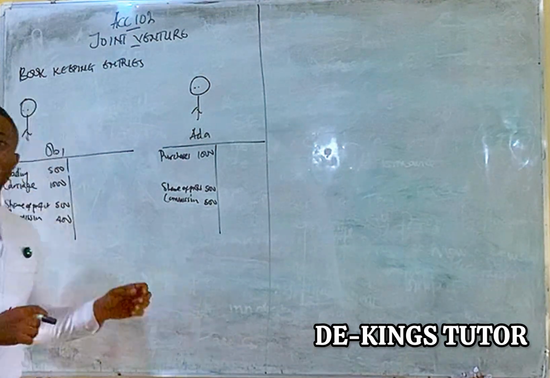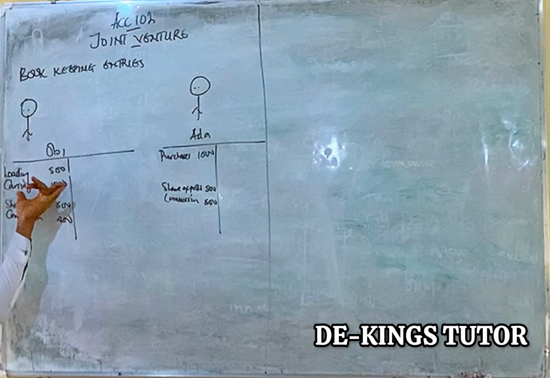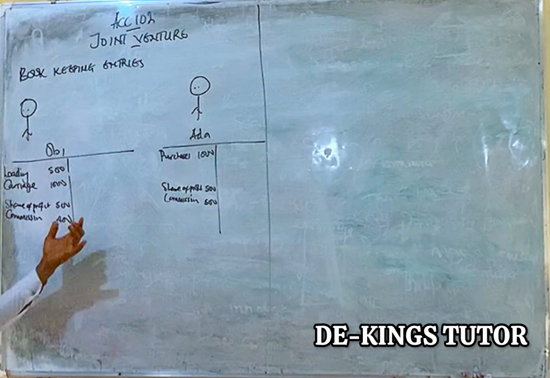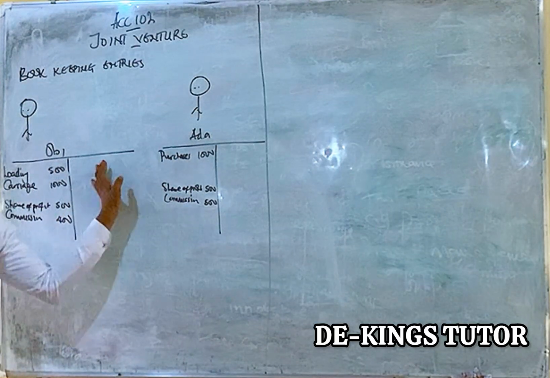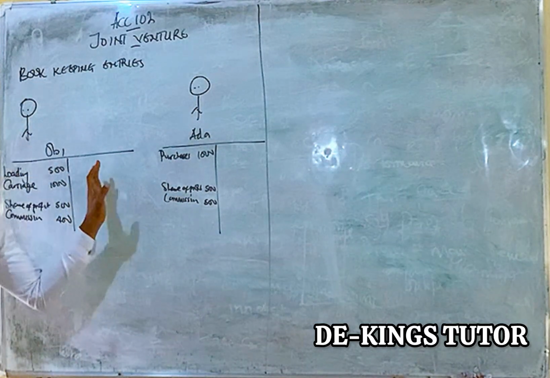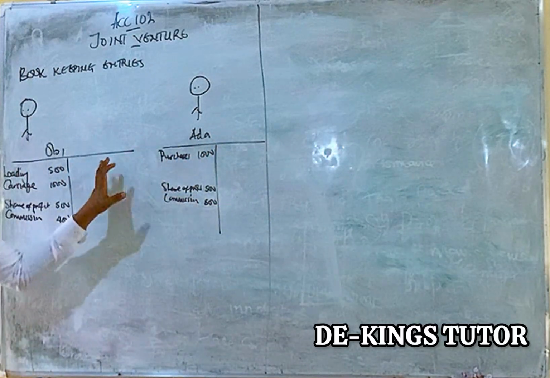Now, what I want you to know is that when it comes to the venture, their expenses they incurred and their entitlements are recorded at the debit side, while any sales made are recorded on the what? Credit side. Any sales made.